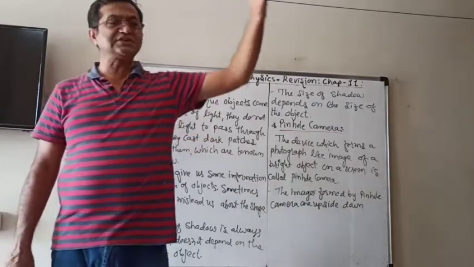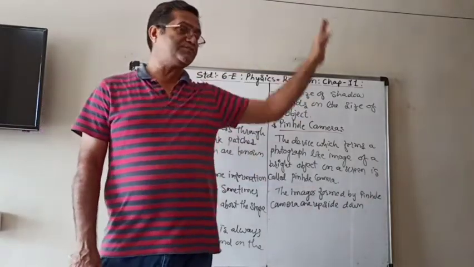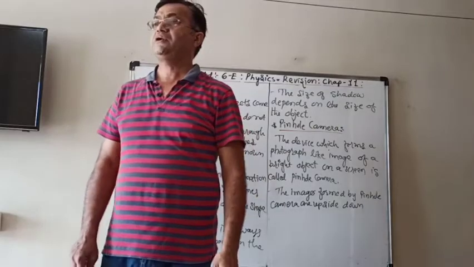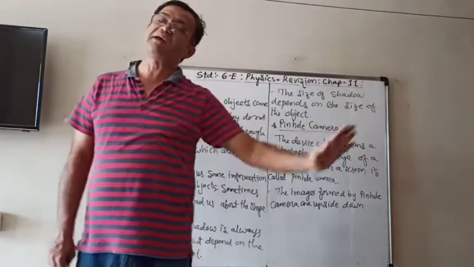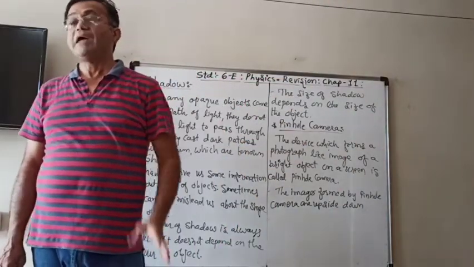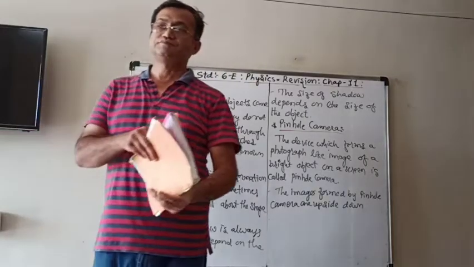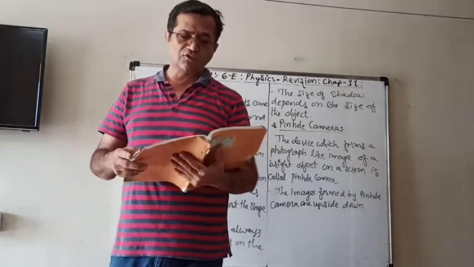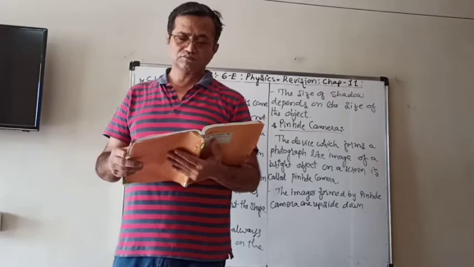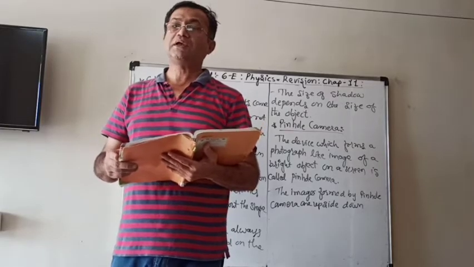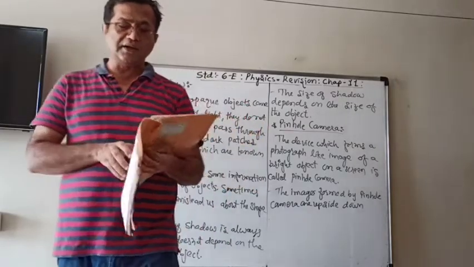But if there is a screen behind it, or you can tell another friend to hold that piece of cardboard behind that friend, then you will see that the shadow will be observed as shown in the figure here.